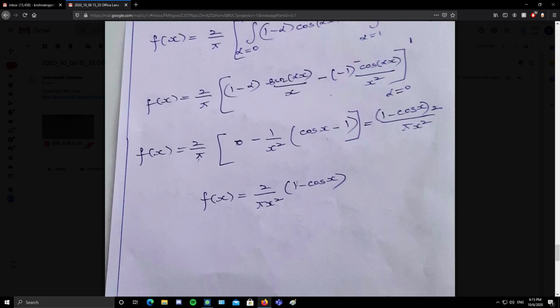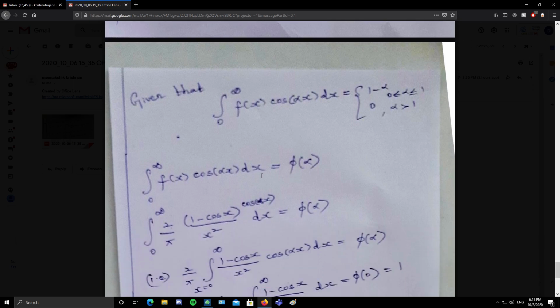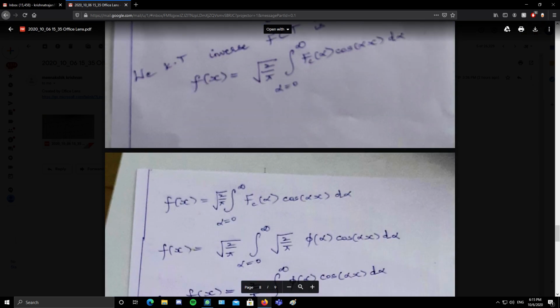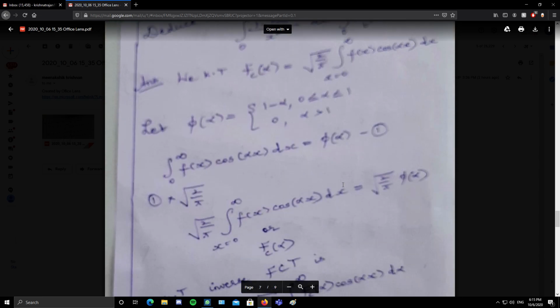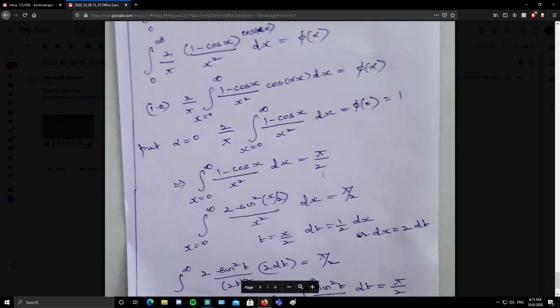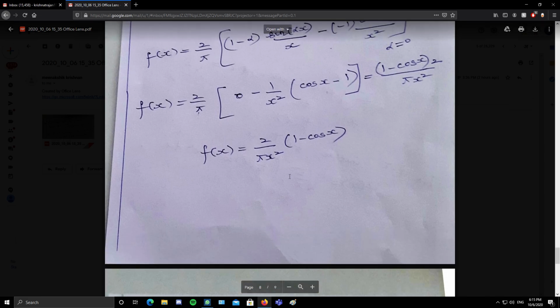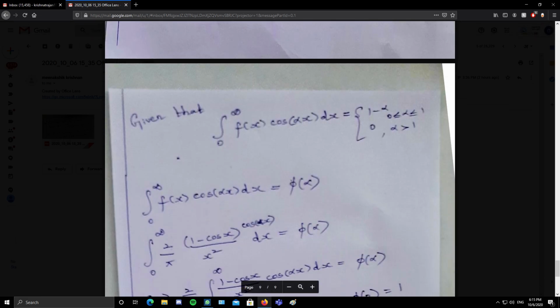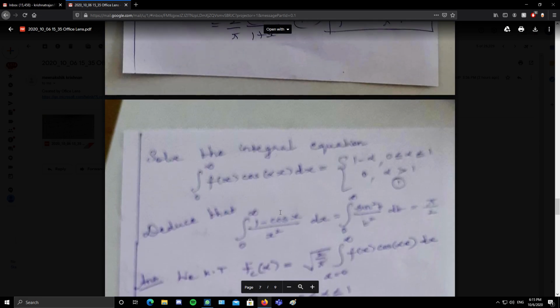I think we have covered this. Now we have got f of x as 2 by pi x square into 1 minus cos x, and we are asked to deduce these two.